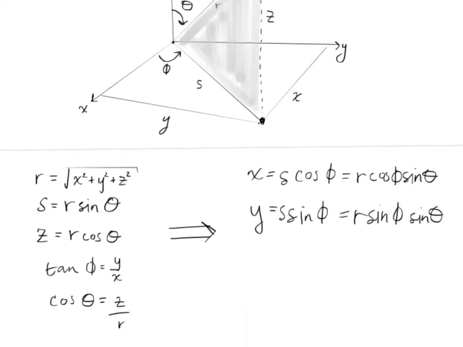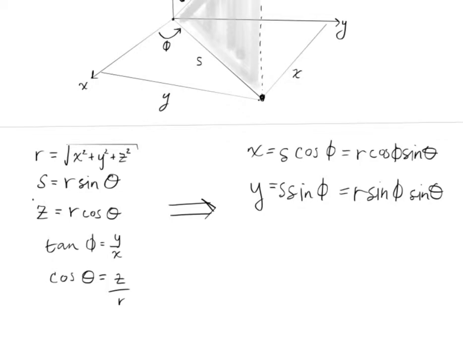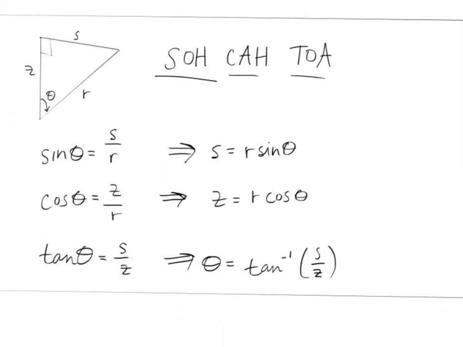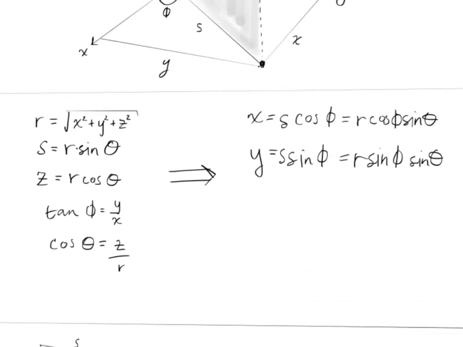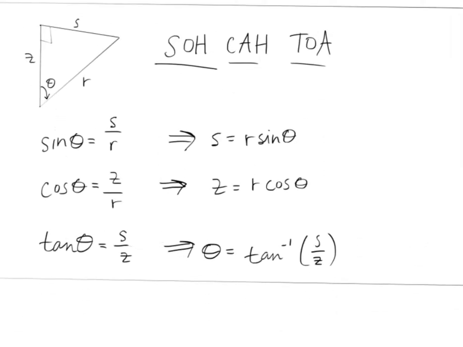And we've derived these previously, where we said that s is equal to r sine theta, z is equal to r cosine theta.